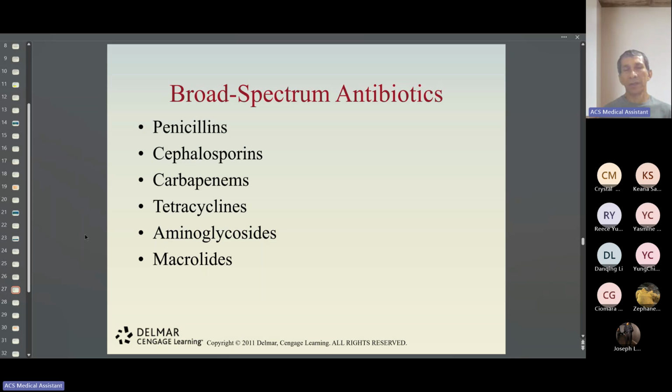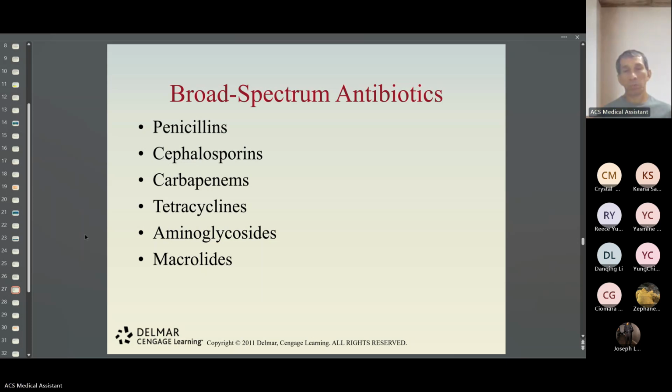So here we have some examples of what is considered broad spectrum antibiotics. Remember, broad spectrum means it covers most of the bacterial infections. Penicillin is one of the best, but it's one of the most common medications that causes allergic reactions. Cephalosporins is a family of the penicillins, used also as a broad spectrum.